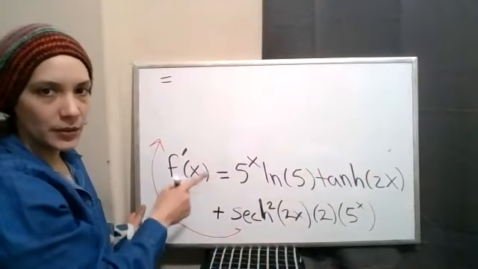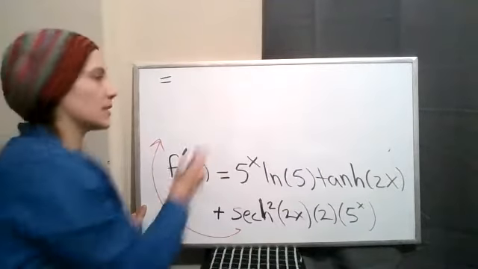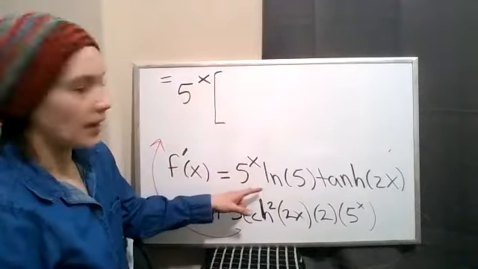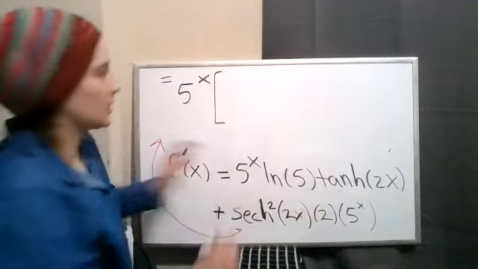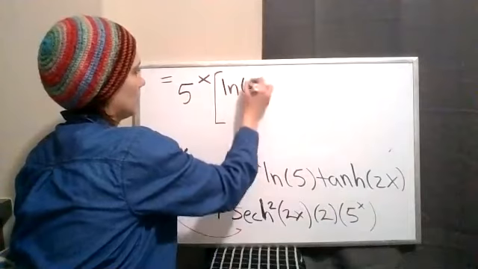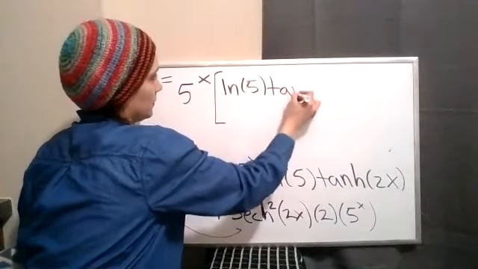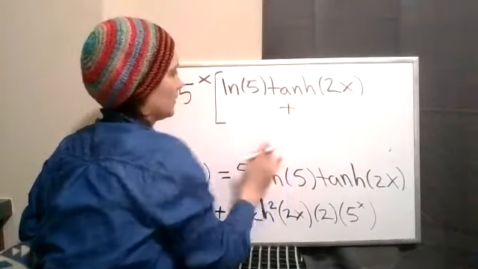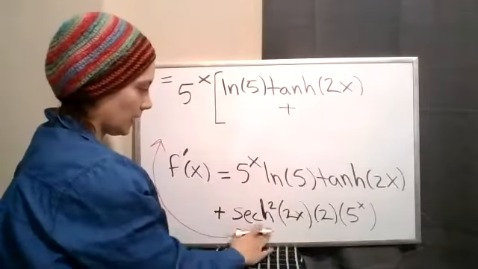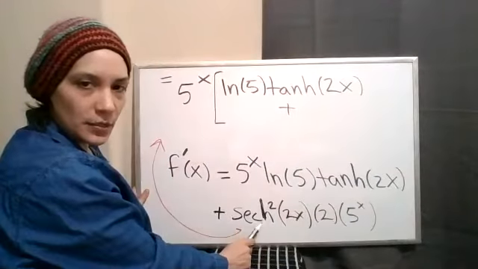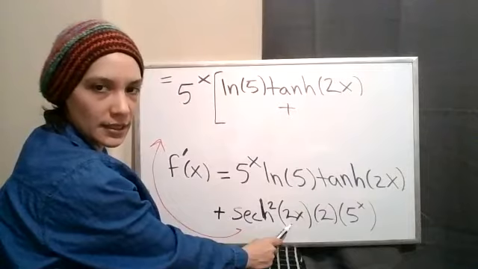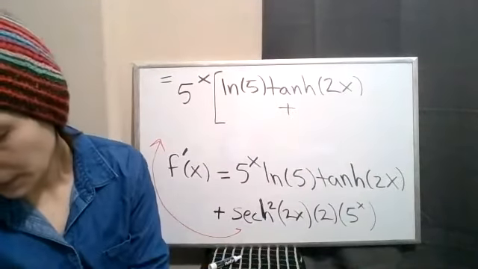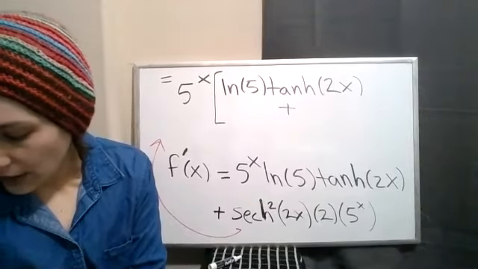F prime of x is equal to 5 to the x times ln of 5 times tanh of 2x add hyperbolic secant squared of 2x times 2. Let me make sure I got this right. Squared.